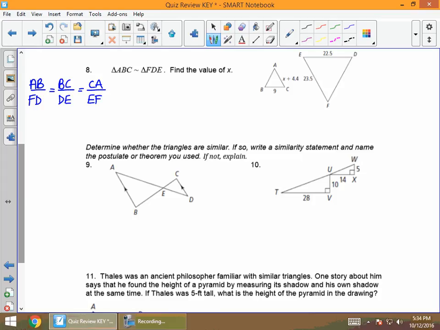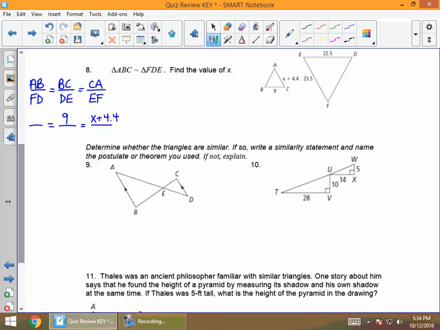All right, now I'm going to plug in some numbers. So I want to copy this down again underneath and put in things that I know. I know that BC is 9, so it's going to go right there. What else do I know? I know that AC, or CA, is x plus 4.4.